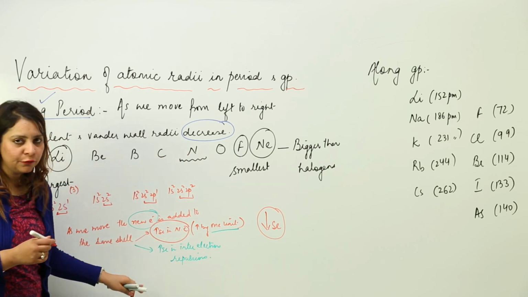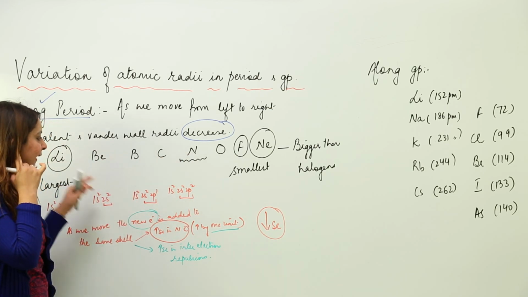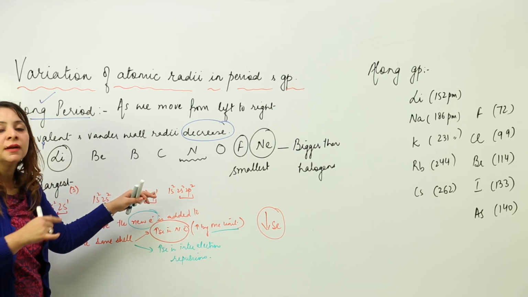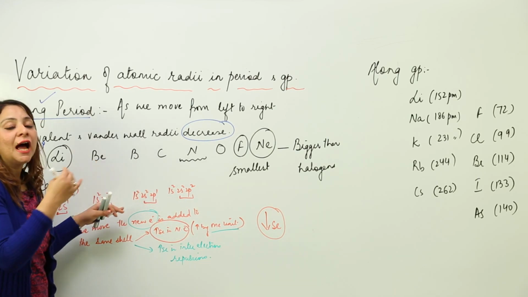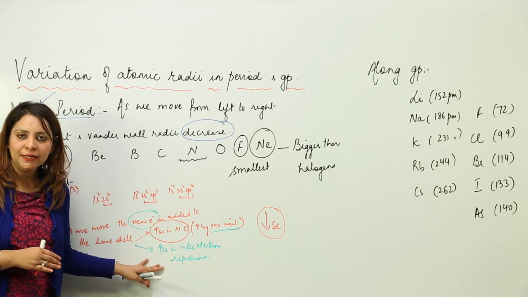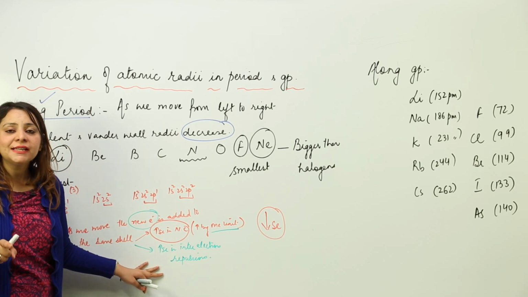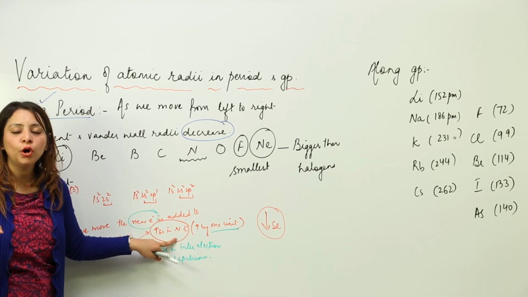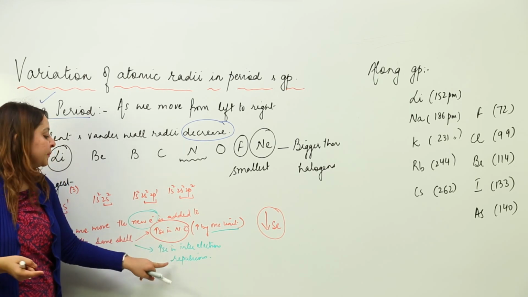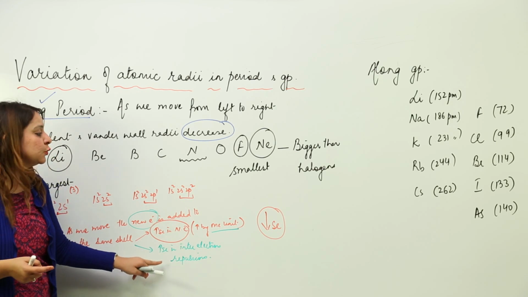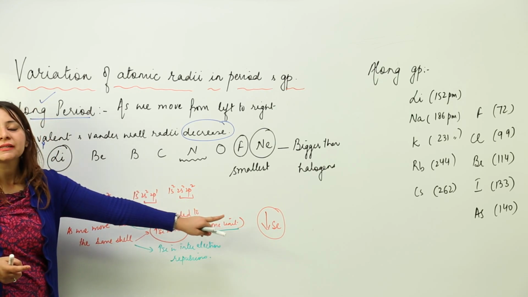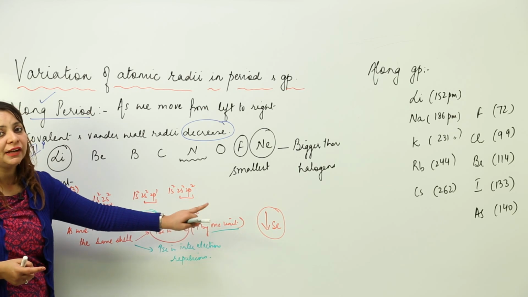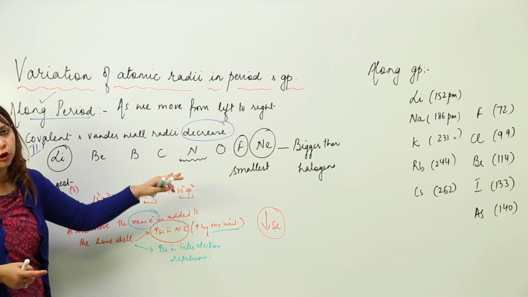So I think it's clear that the electron count increases by 1 as we move from one step to another, and obviously there is an increase in inter-electronic repulsions also. But the increase in nuclear charge predominates, that is, its effect is more pronounced as compared to repulsions. That is why the radii decrease as we move along the period.